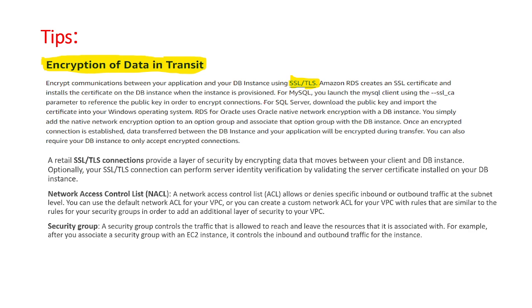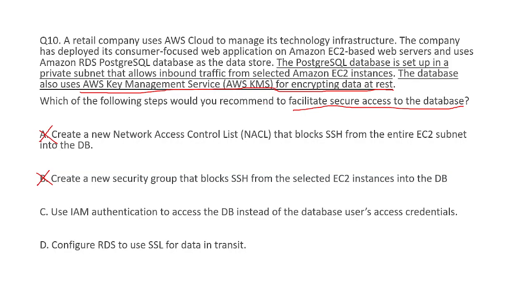This is the biggest tip. And RDS creates SSL certificates and installs them on the database instance when the instance is provisioned. So this is the one. Option C, use IAM authentication to access the database instead of a database user. This is not the correct one.